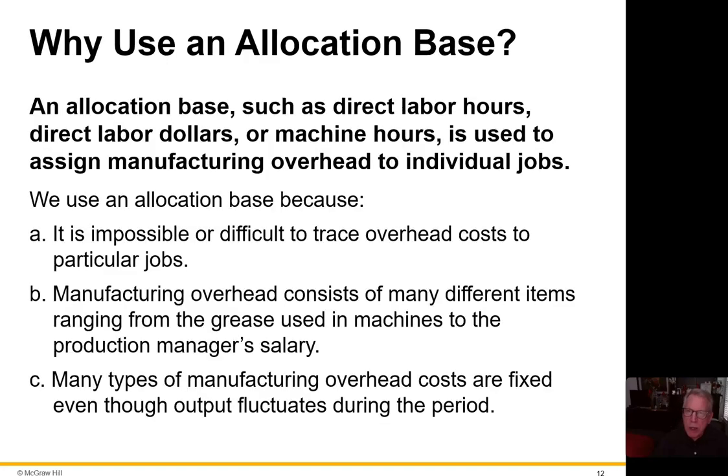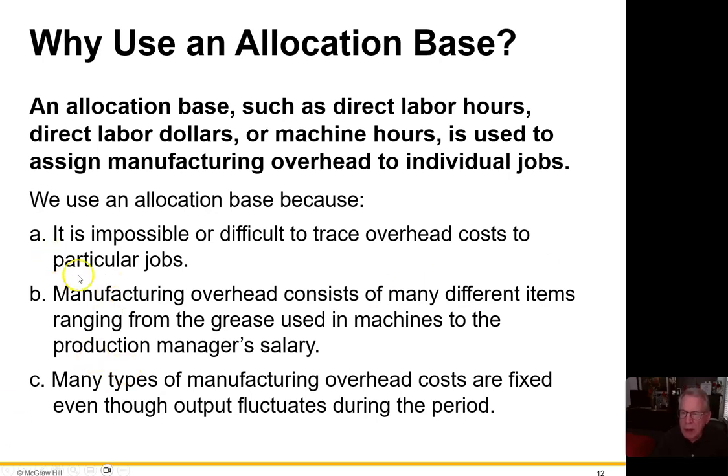Well, what we do is we estimate it. And here's how we do it. We have an allocation base that we choose. Sometimes it's direct labor hours, sometimes direct labor dollars, or even machine hours. And that's how we use those to assign manufacturing overhead to individual jobs.